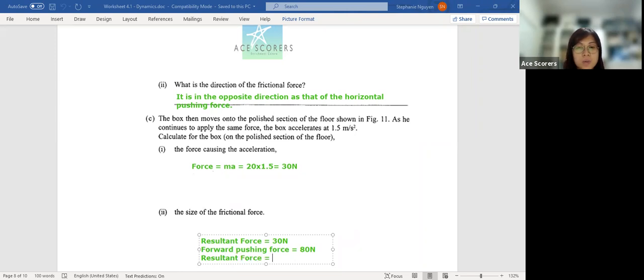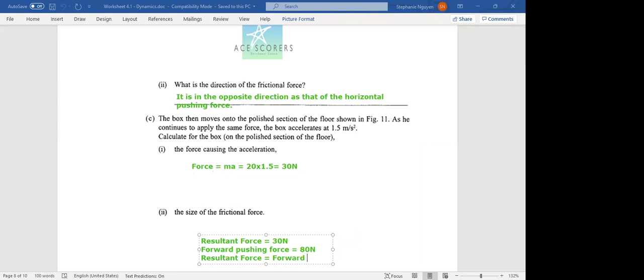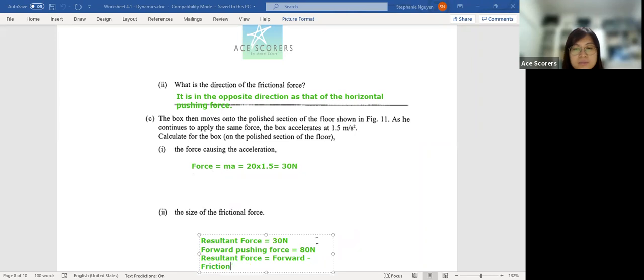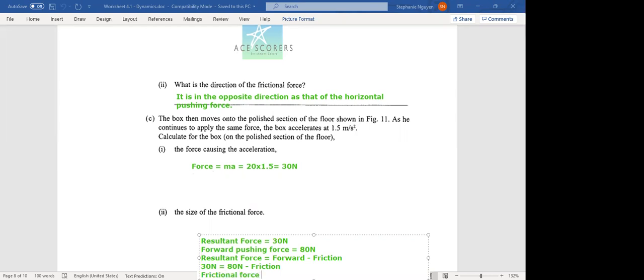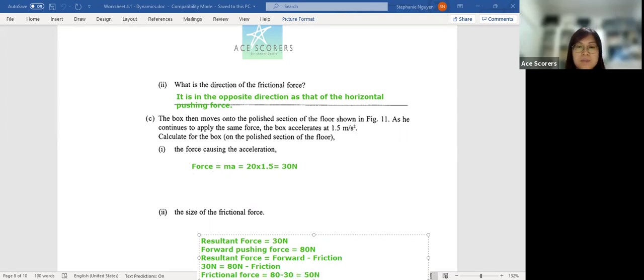The resultant force is equal to the forward force minus the frictional force. So since the resultant force is 30 Newton and the forward force is 80 Newton, the frictional force will therefore be 80 minus 30, which is equal to 50 Newton.